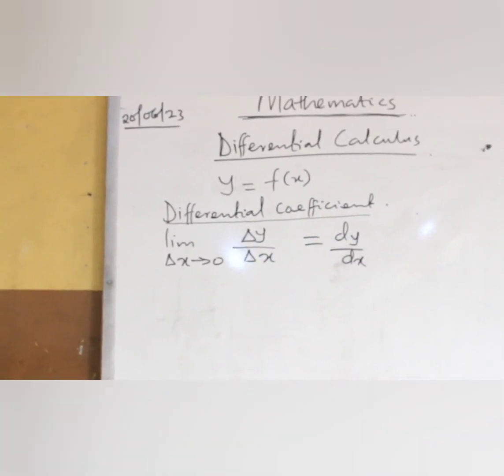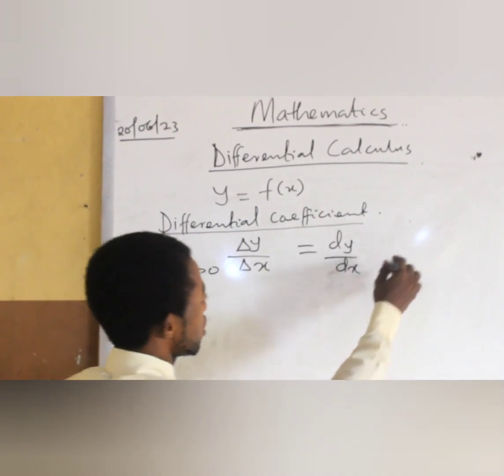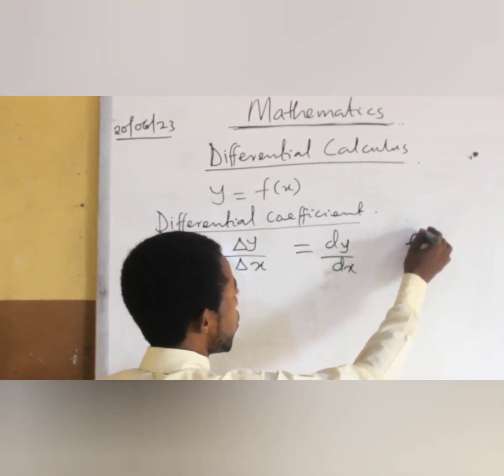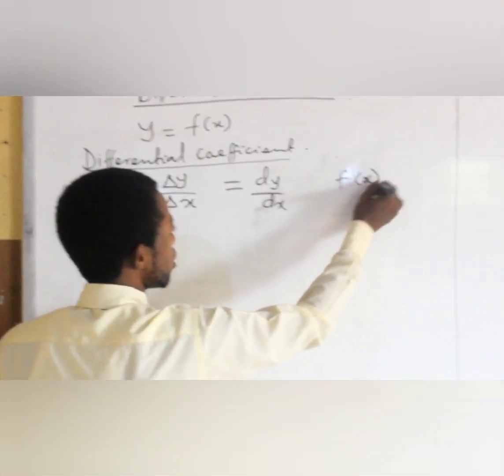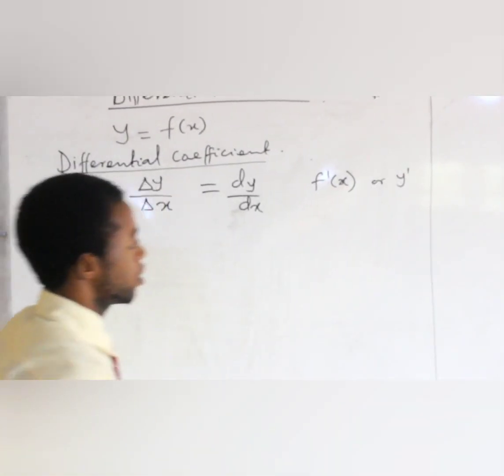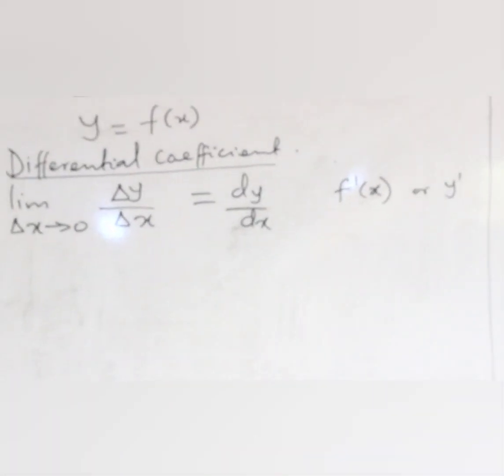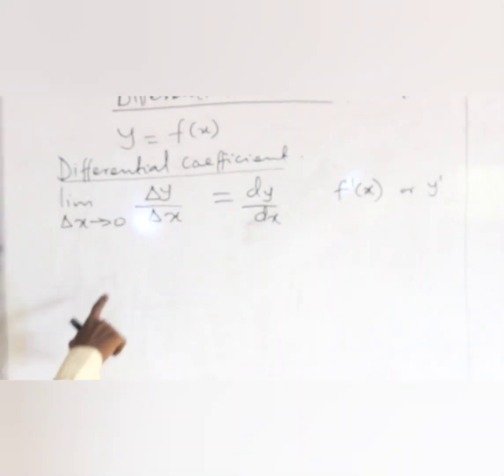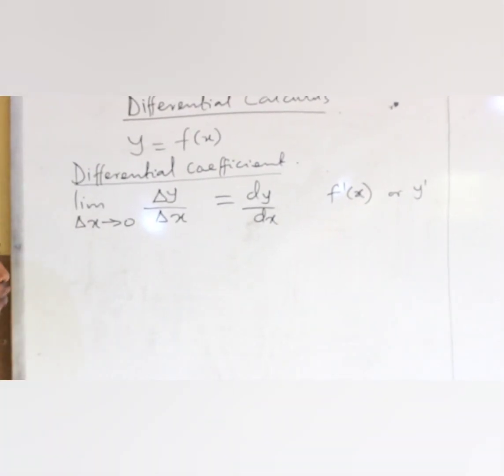Sometimes it is also denoted as f prime of x or y prime. So this is what is called the differential coefficient of a function, denoted as dy/dx.